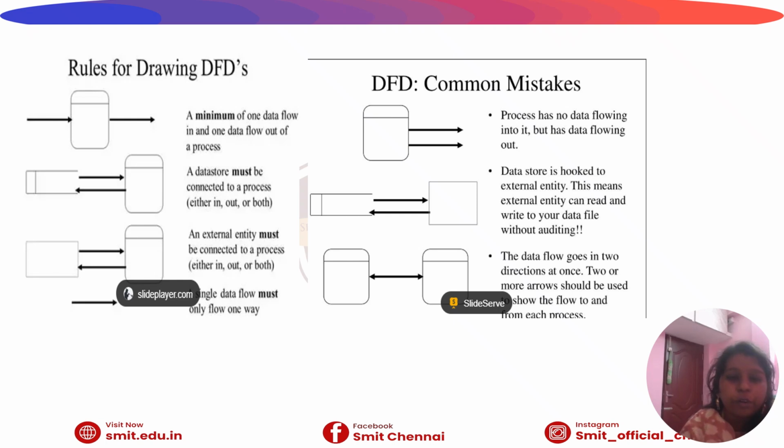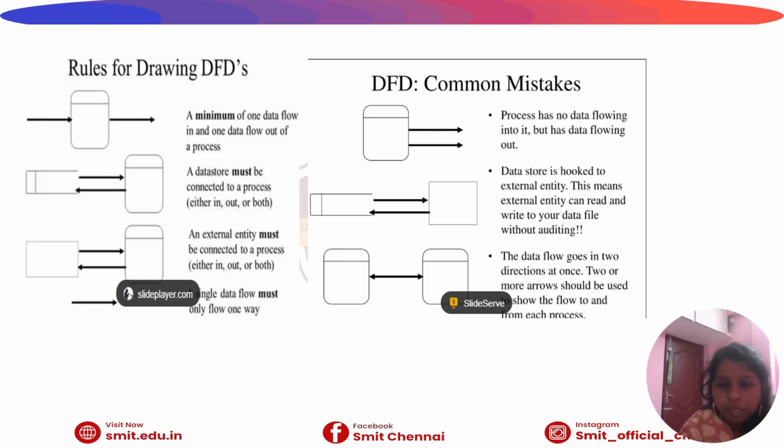The rules for drawing a data flow diagram: whether it is a process, entity, or data store, we must have at least one in and one out data flow line. The next rule is that a data store must be connected to a process, and the entity must be connected to a process. We cannot connect a data store to a data store, or an entity to an entity.